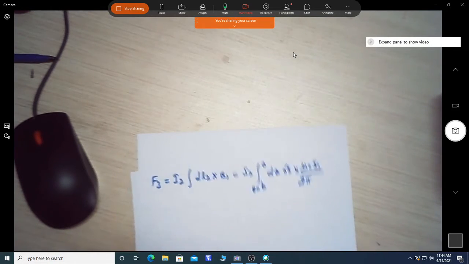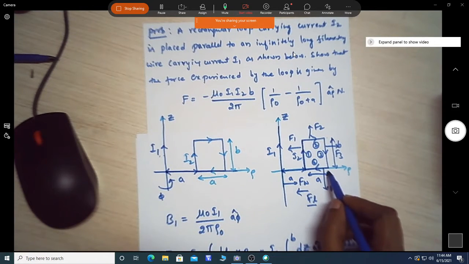So now we can see this current element is at a distance of A. Okay.